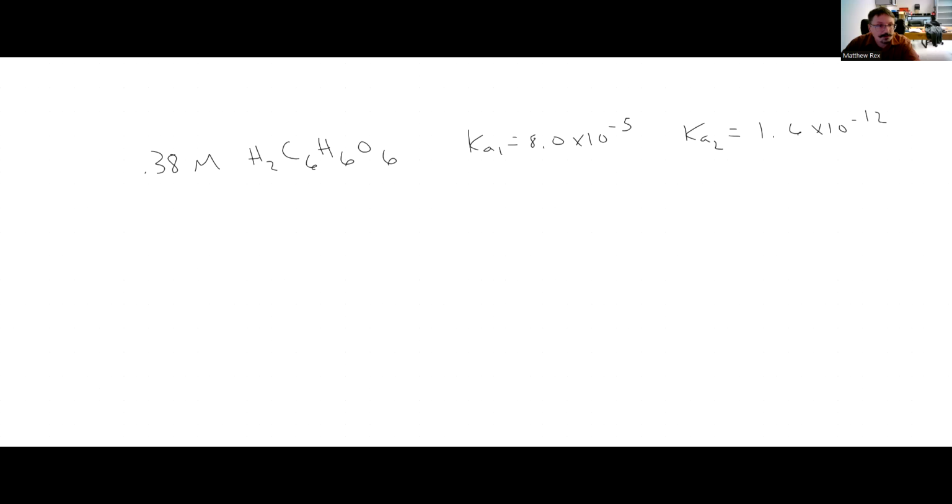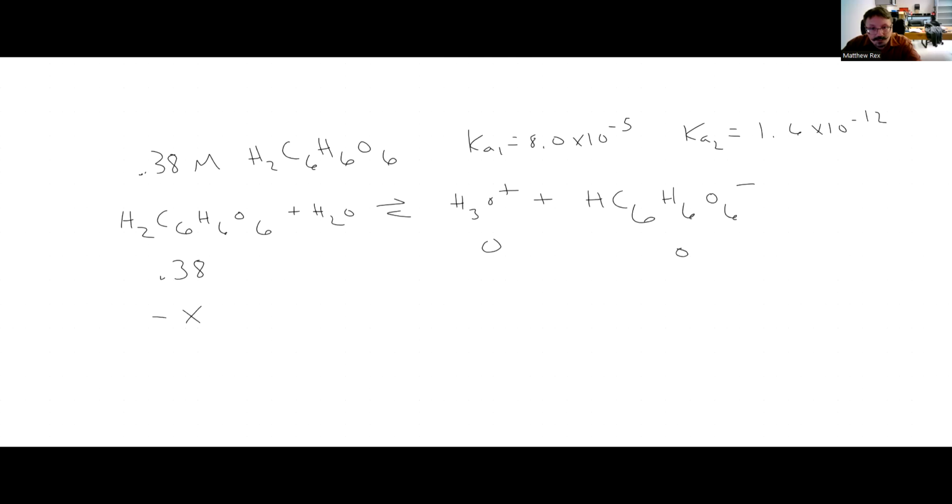So we're going to have H2C6H6O6 plus H2O. We're going to protonate the water, give us our hydronium, and then the conjugate base of that. This starting concentration is 0.38. This is 0. This is 0. We only have reactant. We don't have product. So we're going to lose X of that, make X of these.